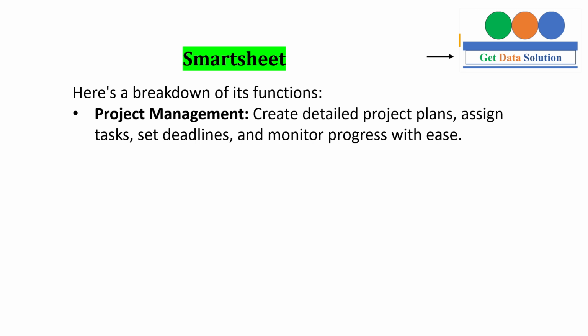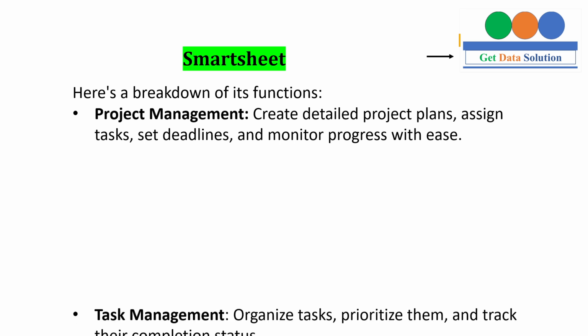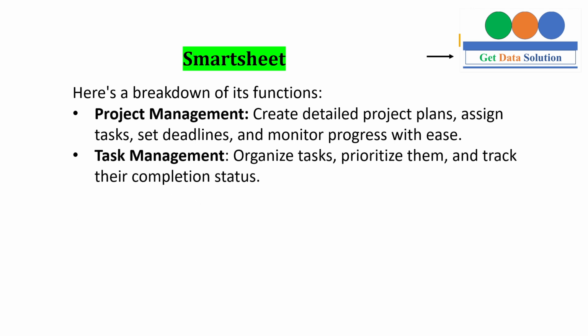The first is project management. You can create detailed project plans, assign tasks, set deadlines, and monitor progress with ease using Smartsheet. You can use it for task management, organizing tasks, prioritizing them, and tracking their completion status as well.